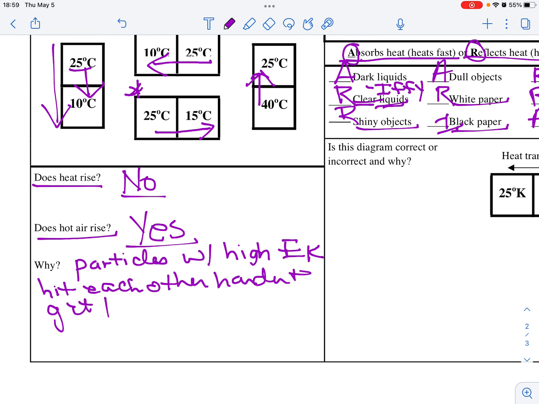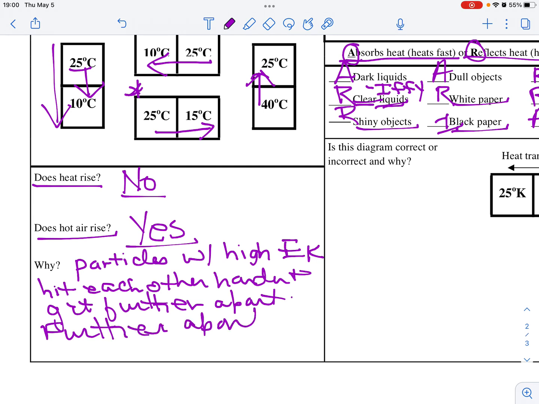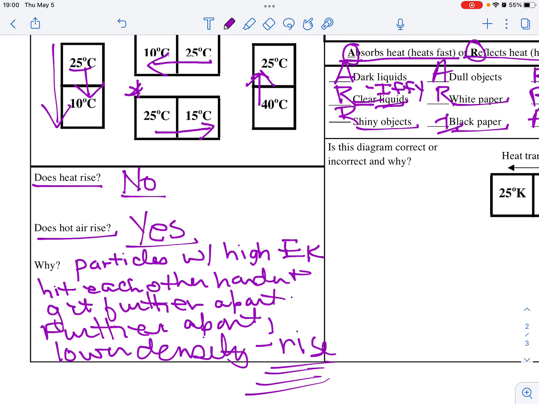They're further apart from one another. If they're further apart, that means they have lower density. And if they have a lower density, the result is they rise.